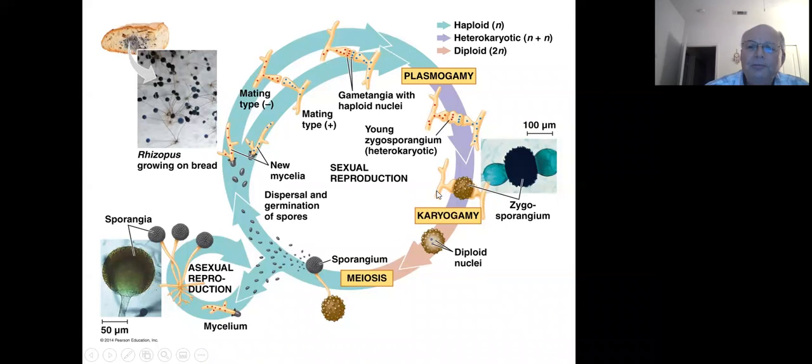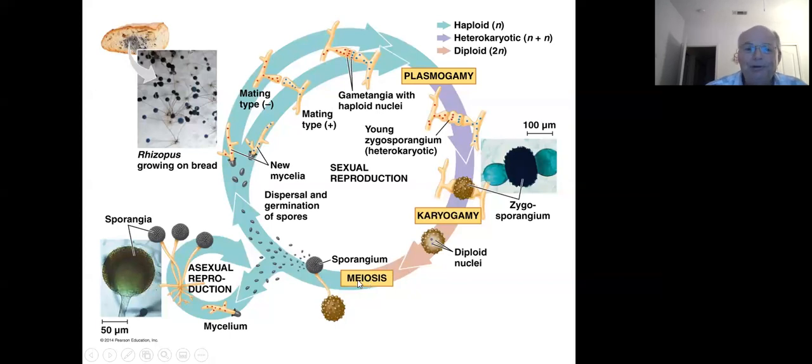That zygosporangium then gets coated in an environmentally resistant coat. It remains as a stable structure for an indefinite amount of time. Eventually, the two haploid nuclei fuse via karyogamy, giving diploid nuclei. Those immediately undergo meiosis.